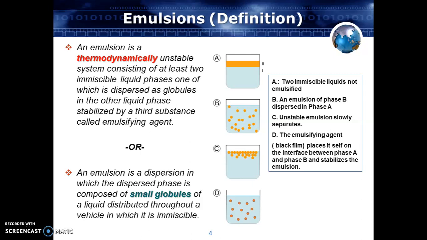But once this shaking ceases, the dispersed phase globules form a cream over the surface of the continuous phase. In figure D, we can observe that a stable emulsion is prepared by the addition of an emulsifying agent, which is present over the droplets of liquid, forming a thin layer surrounding the globules.